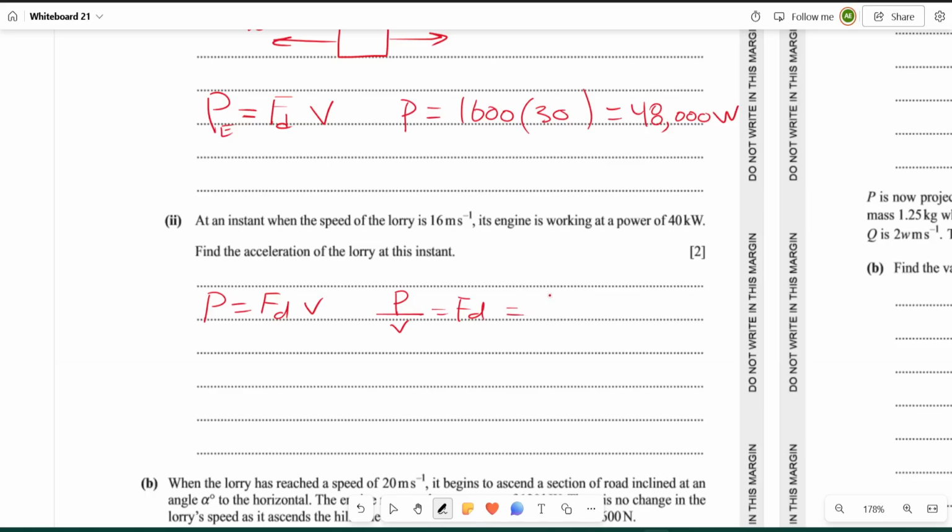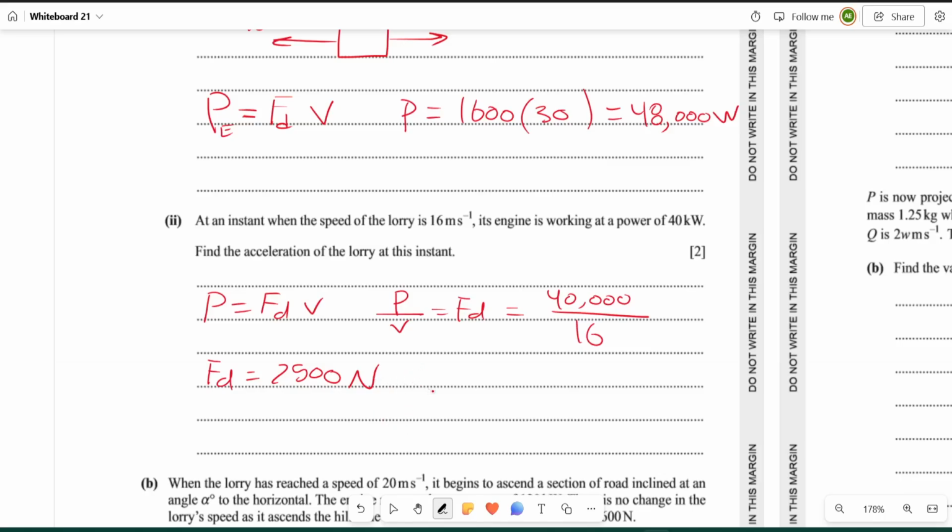That's 40,000 watts over the velocity, which is 16. So 40,000 divided by 16 gives me a force of 2,500 newtons.